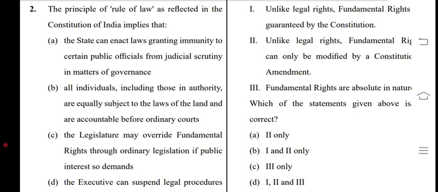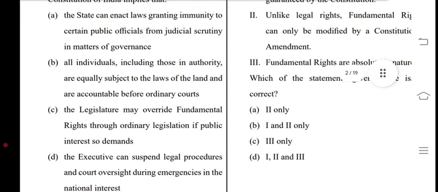D is correct. Question number 7 देख लेते हैं. The principle of rule of law as reflected in the Constitution of India implies that: Option 1, the state can enact laws granting immunities to certain public officials from judicial scrutiny in matters of governance.